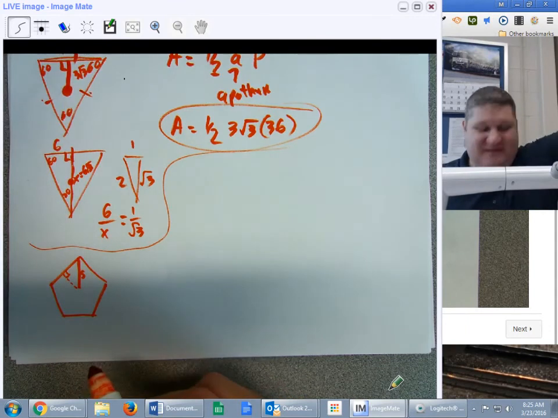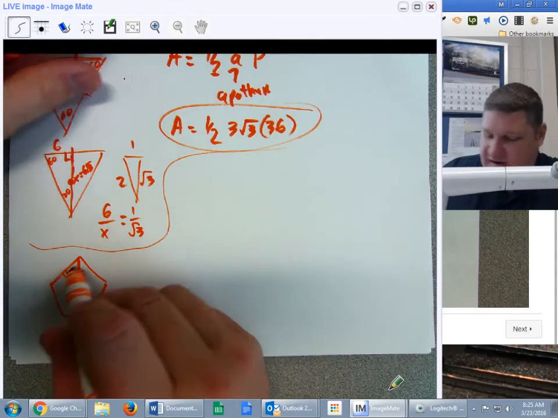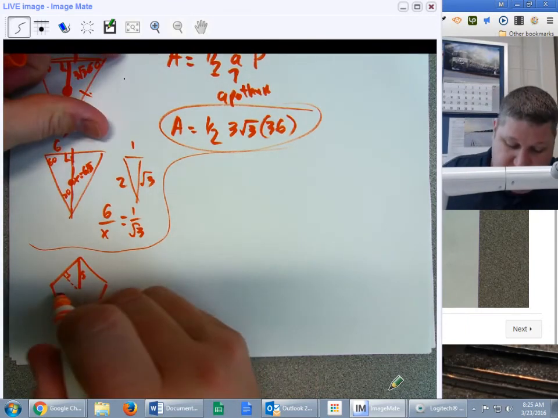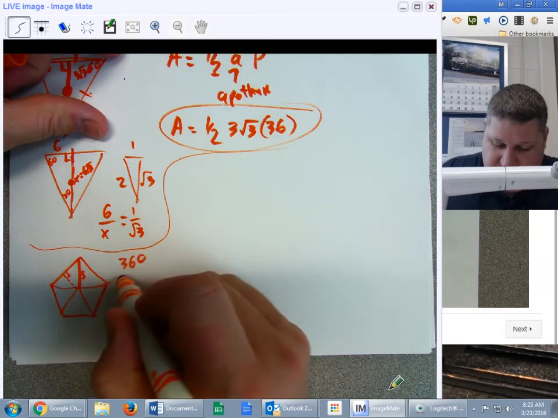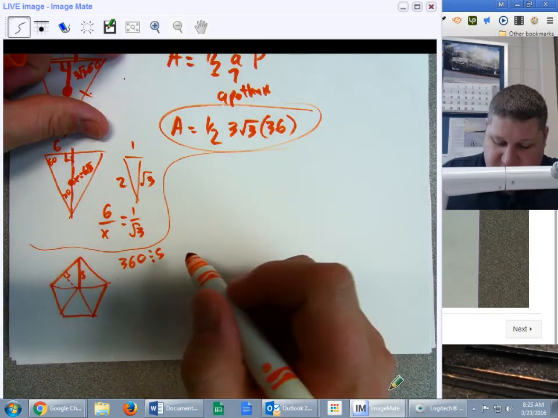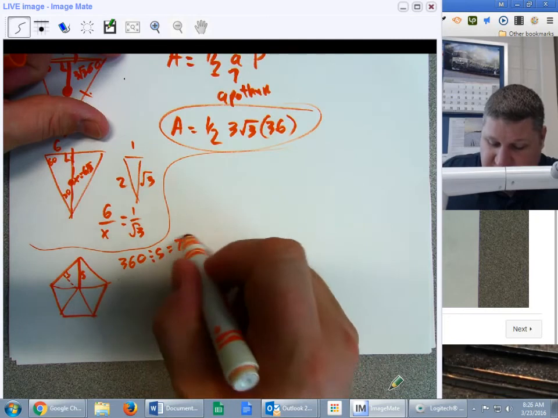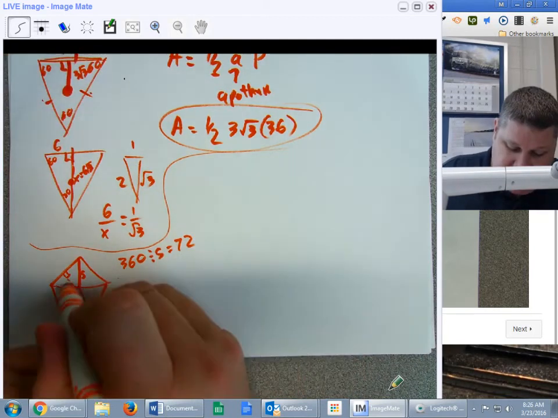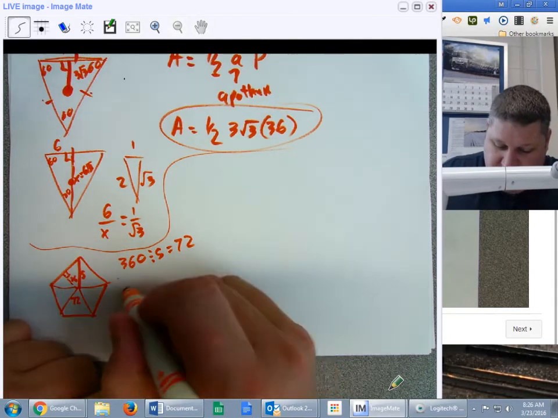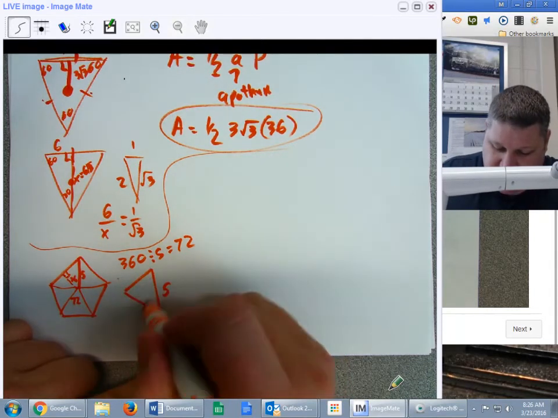But the thing about it is, if it's a pentagon, what is every inside angle? Well, 360 divided by 5, if I'm not mistaken, is 72. So if I got 72 degrees, I cut it in half, that gives me 36. So now you have a triangle that looks like this, 5, 36 degrees.